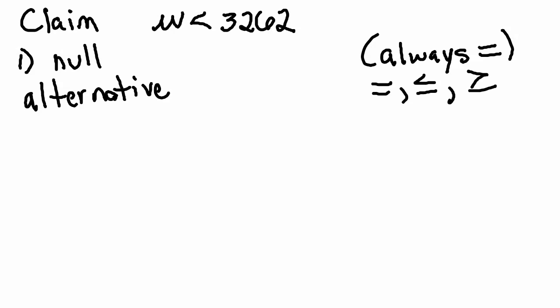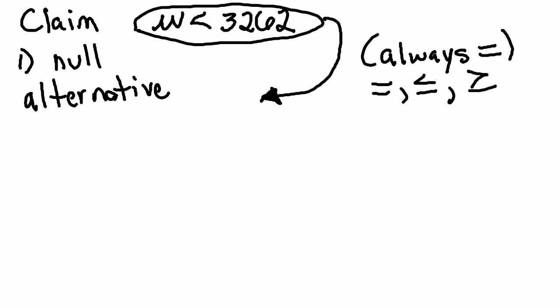Okay, it doesn't mean that the null is always the claim. That's not the case. This claim is not automatically the null. The null has the equal sign. The null and the alternative are opposite. So this turns out to be the alternative because it's a less than.